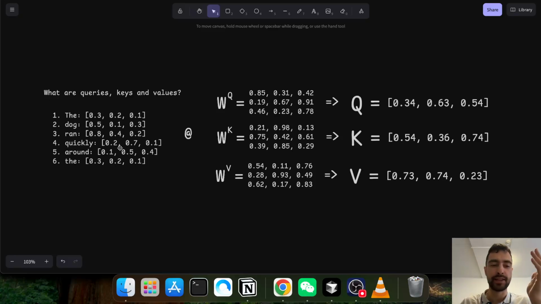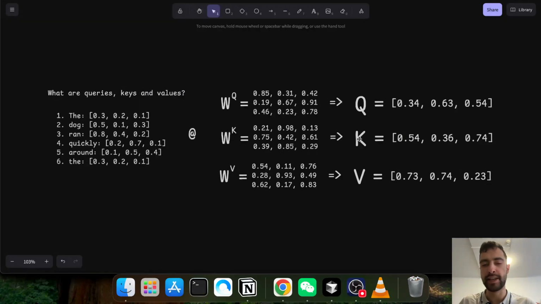As I explained, these vectors encode meaning, and this vector also encodes meaning. Now the difference, I will repeat again, sorry. The difference between the quickly vector and the quickly query is that this contains the meaning of the word quickly, and this contains the meaning of what kind of context the word quickly is looking for.